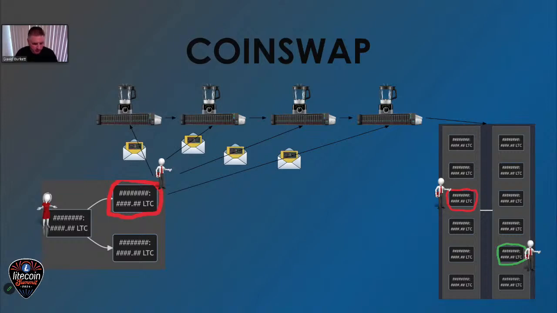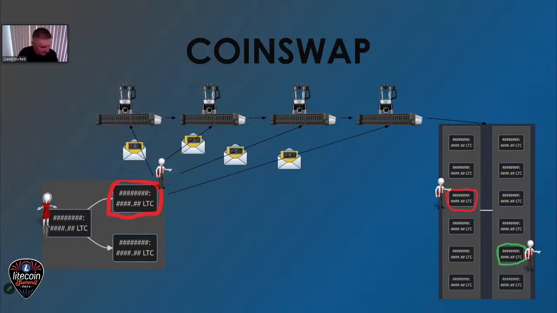And instead you can distribute that trust, and you only need to trust one out of N different CoinSwap servers. I have it shown here as communicating with each one, but it's a little more complicated than that. It actually creates a big onion packet, similar to how Tor works, but we don't need to go into the details here.